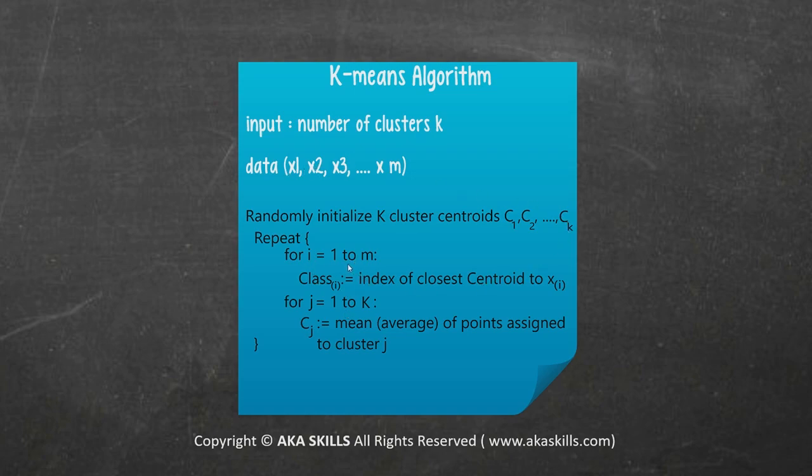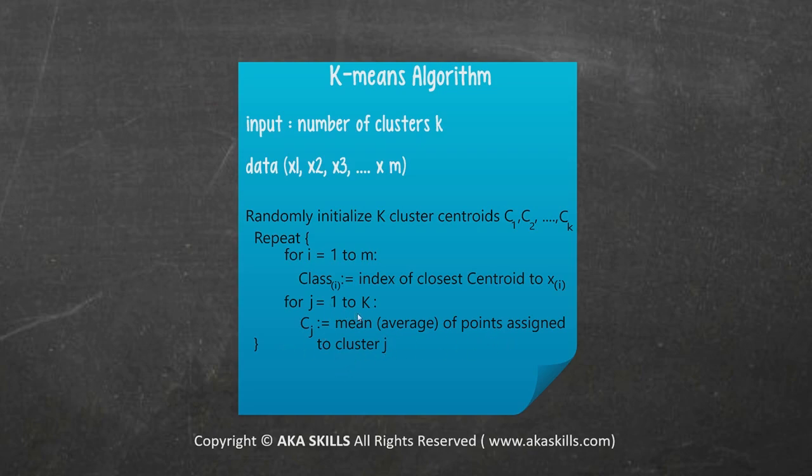Then after we finish, we loop over our centroids, from 1 to k. In our example, from 1 to 3. Each centroid becomes the average of the points assigned, that means the average of our x's assigned to cluster j.